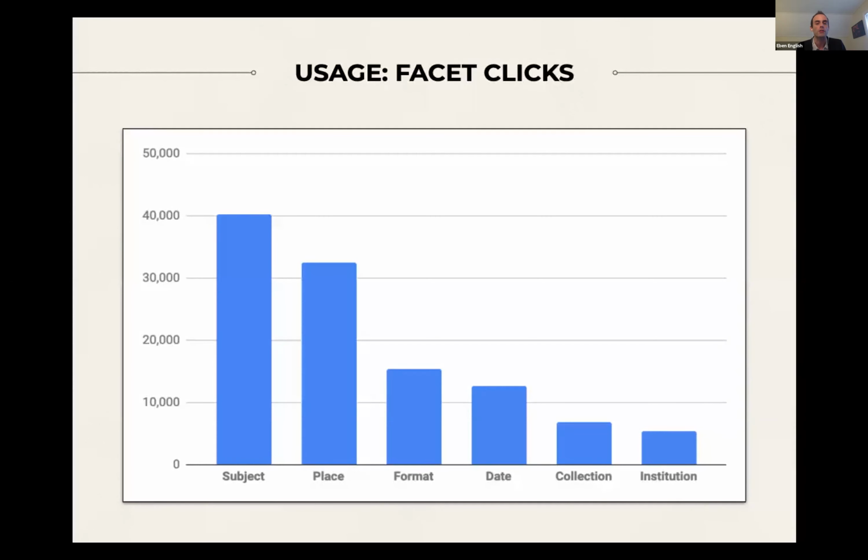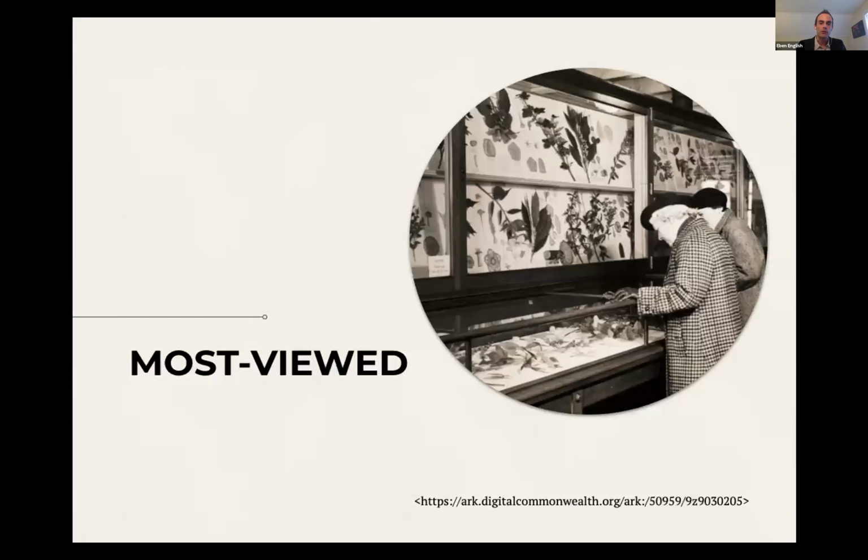Good subject headings and precise geolocation tagging of content is very useful for people when they're trying to narrow down their search results and find what they're looking for in the collections. And that is just going to continue to grow as we add more and more material, and the haystack just gets bigger and bigger.